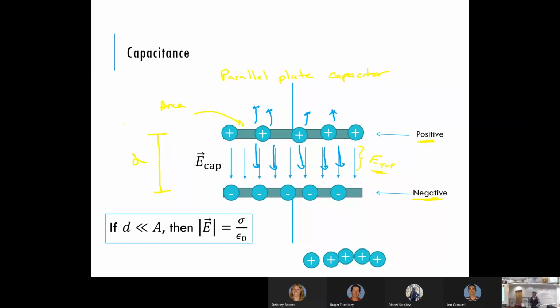In other words, the plates are really close together and they're really big. Then the magnitude of the electric field is given by sigma over epsilon naught.